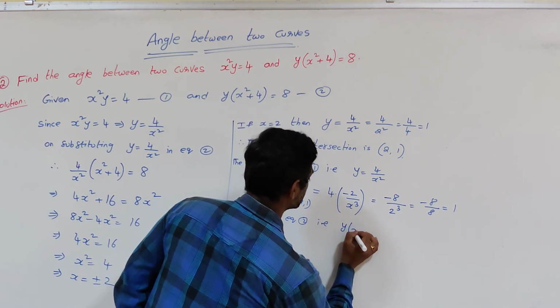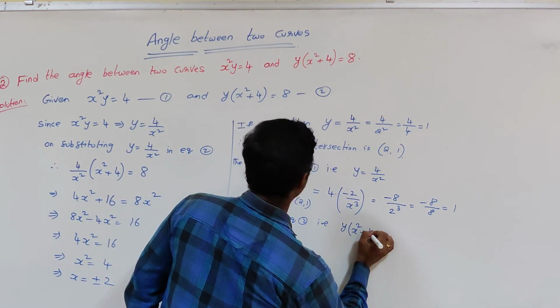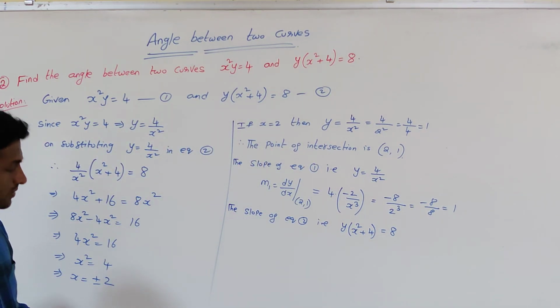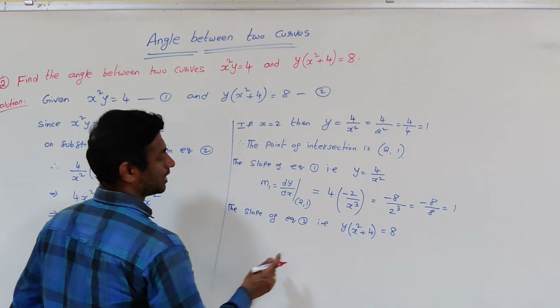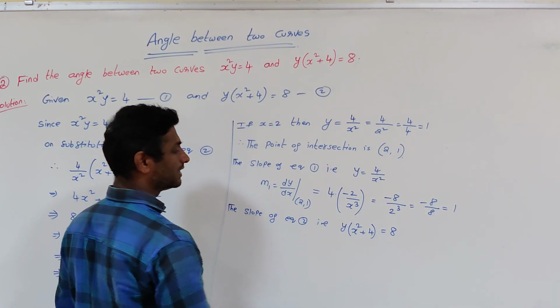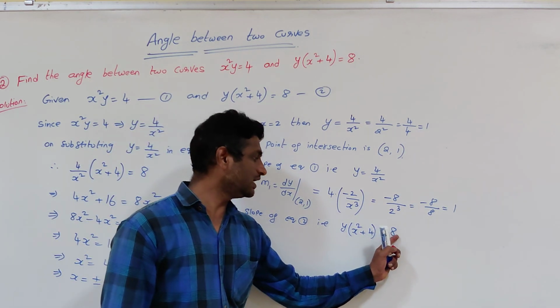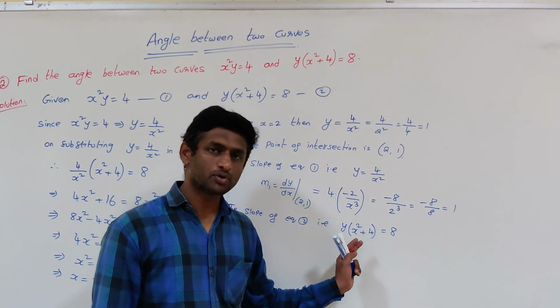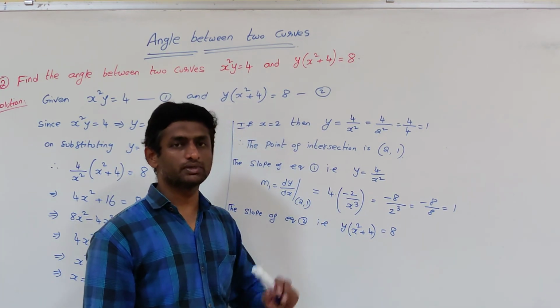So what curve has he given? y times of x square plus 4 is equal to 8. We will try to find out the derivative. You can find the derivative by taking y is equal to 8 by x square plus 4, or we can apply directly the product rule on y into x square plus 4.